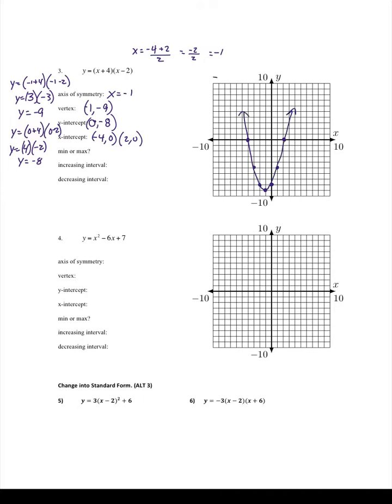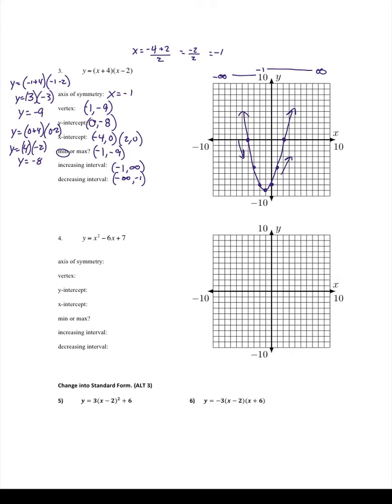We have a minimum value at the vertex. If we put in our intervals, negative infinity to negative 1, negative 1 to infinity. So (negative 1, negative 9) is our minimum, which is always the vertex. It's going down from negative infinity to negative 1. And we're going back up from negative 1 to infinity.